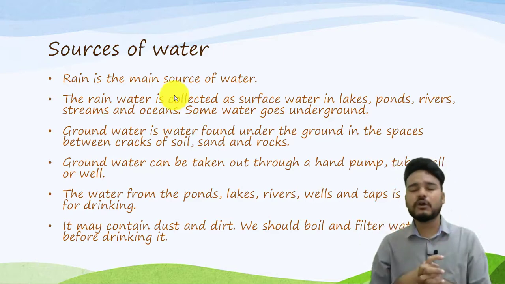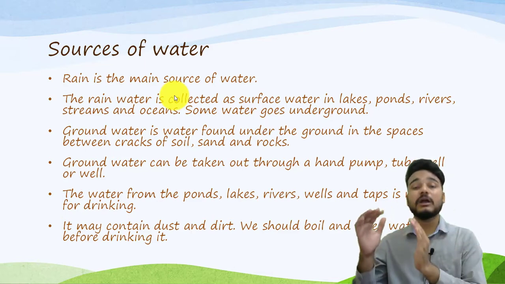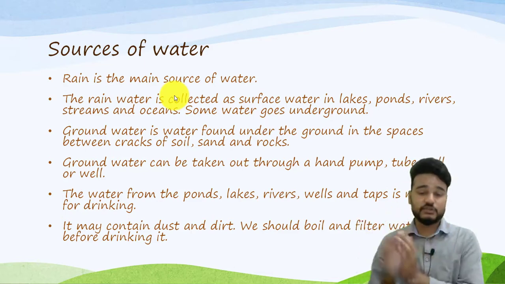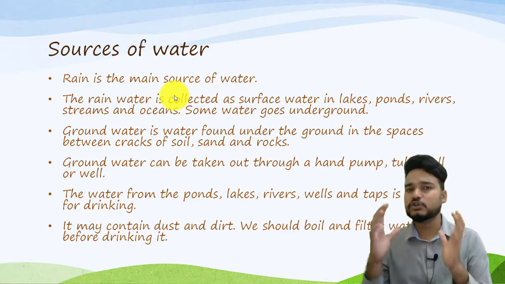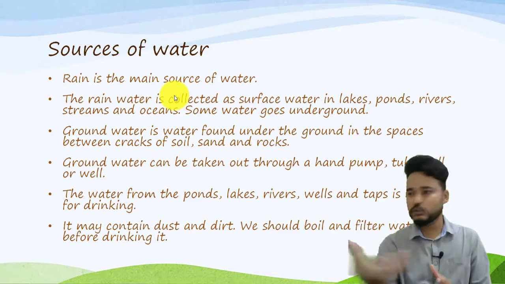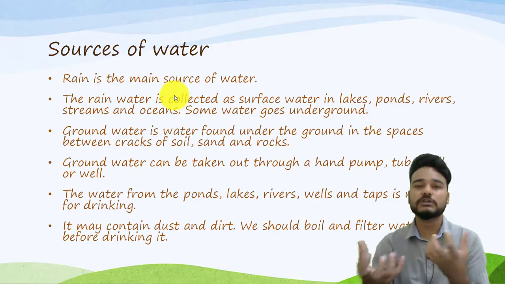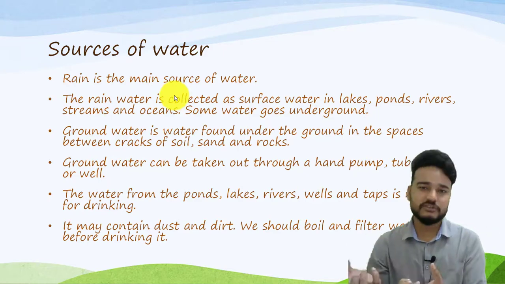But the water which is present in the ponds, lakes and rivers, is it drinkable, is it good for health? Many of the sources which are storing the water are not good because they are open to the environment, open to dirt and dust particles.